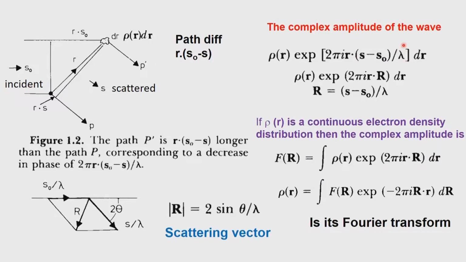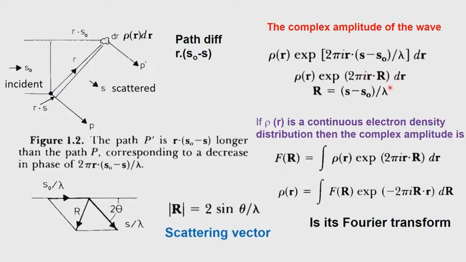Now, we make an approximation here. It is not an approximation, we give a nomenclature for this quantity s minus s naught by lambda. Notice that s minus s naught by lambda is representing a distance which is in inverse space or reciprocal space, because lambda is the wavelength and it is measured as a distance.